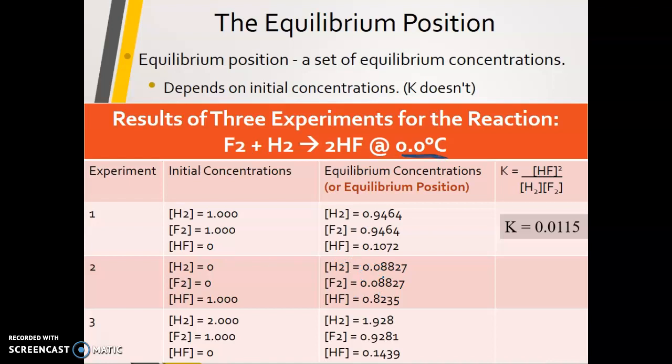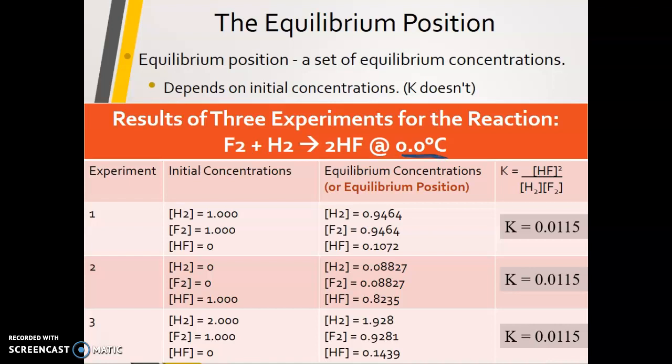Now in our second experiment, we start with all products and no reactants. The equilibrium position is given here, and the K value is still 0.0115. Then in our third experiment, we start with only reactants, but we have twice as much hydrogen as fluorine. The equilibrium position is given, and still the K value is 0.0115.